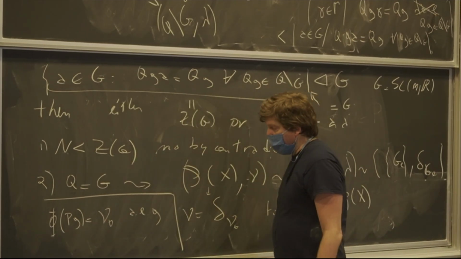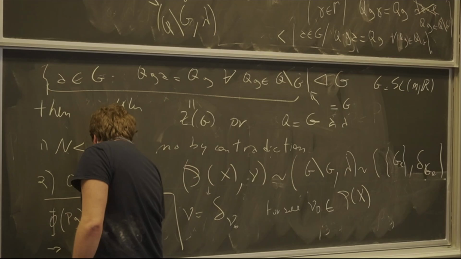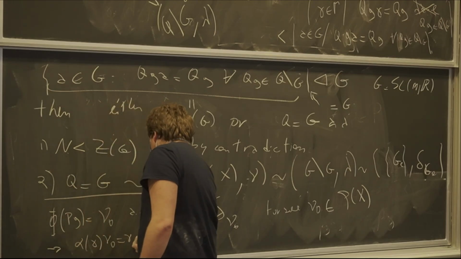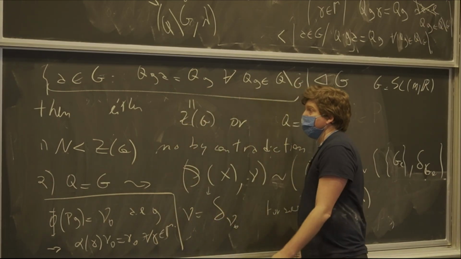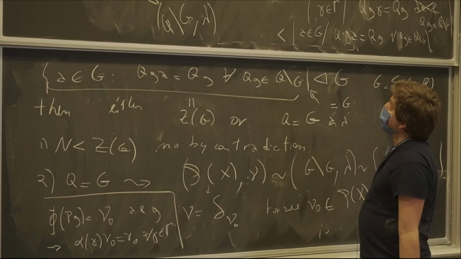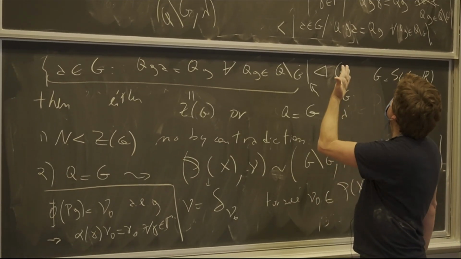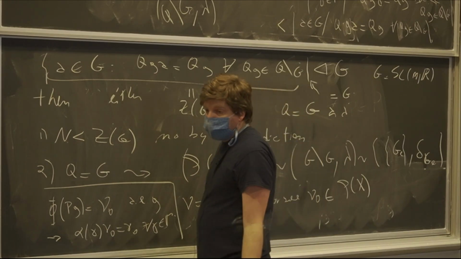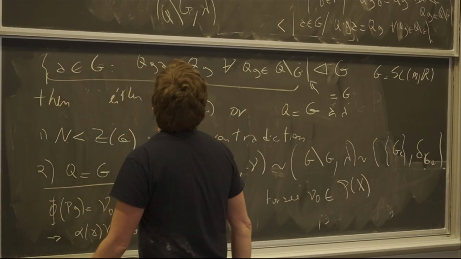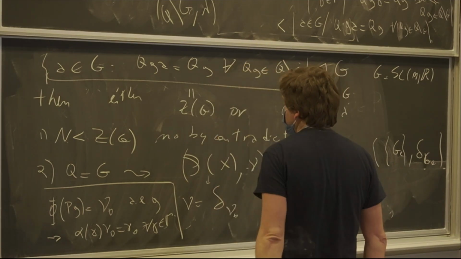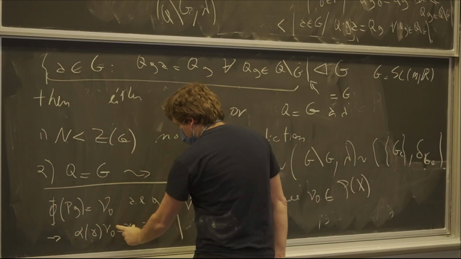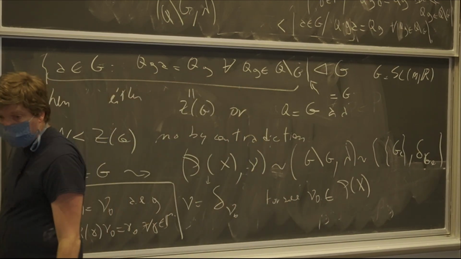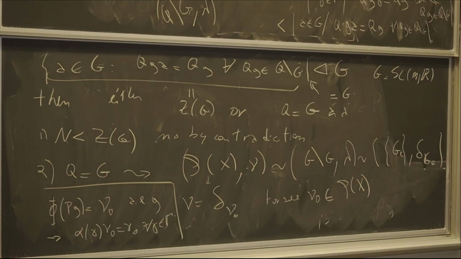And then the alpha of gamma invariance tells me that alpha gamma nu naught equals nu naught for every gamma. So I get my invariant measure. So that's the proof of the claim. Either n is in the center or every action of gamma mod n has an invariant measure. I assumed by contradiction that n is not in the center, took an action of gamma mod n, and here is the invariant measure we needed to construct. Settled.